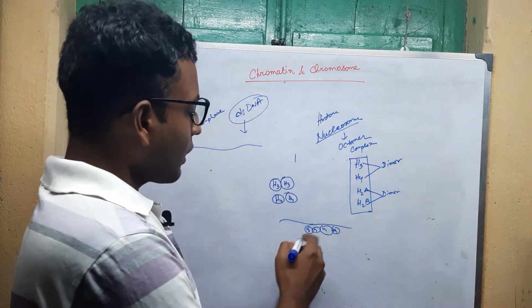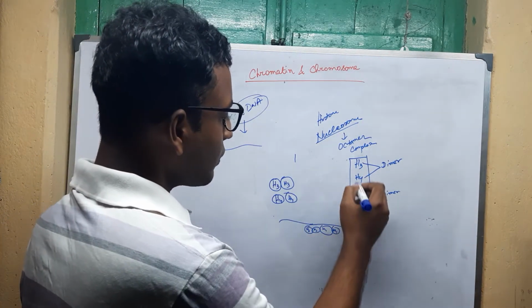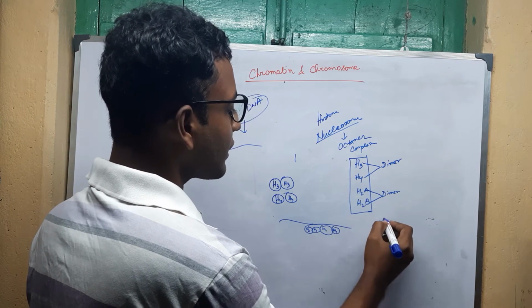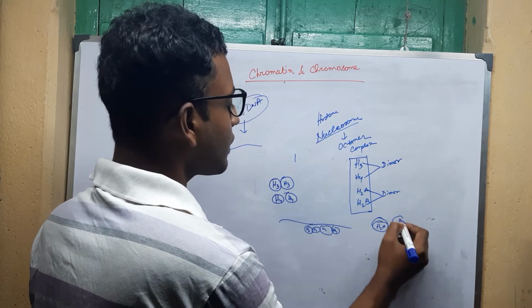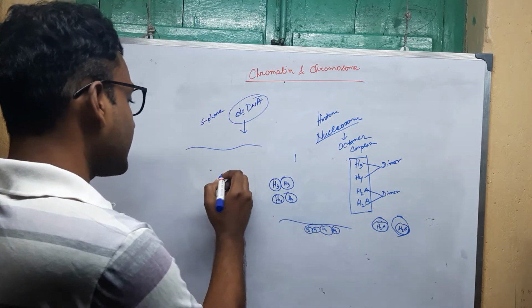After the attachment of these H3 and H4 proteins, the complex of H2A dimer and H2B also gets deposited onto the DNA and forms a structure like that.